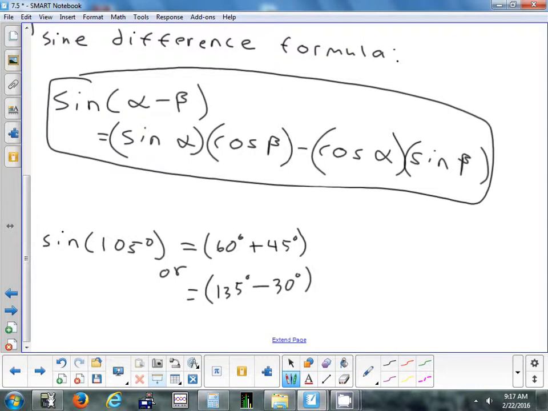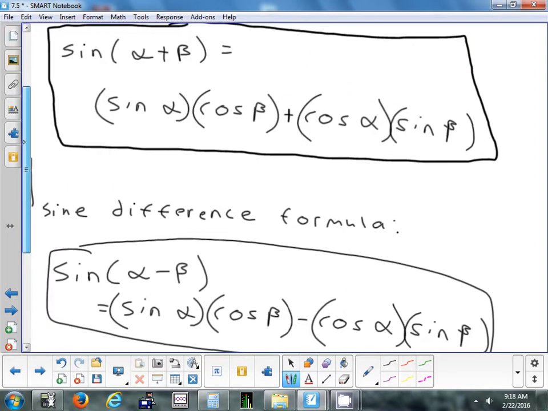Okay. Does anybody want me to go through doing one of these two ways? Yes? You say you're doing one of each? You want me to do the top one? Sure. All right. So if we're going to do that, that's a sine sum. Okay?